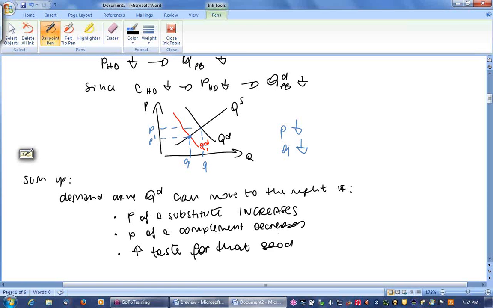Okay, so these are three of the main reasons for which the demand curve shifts to the right.